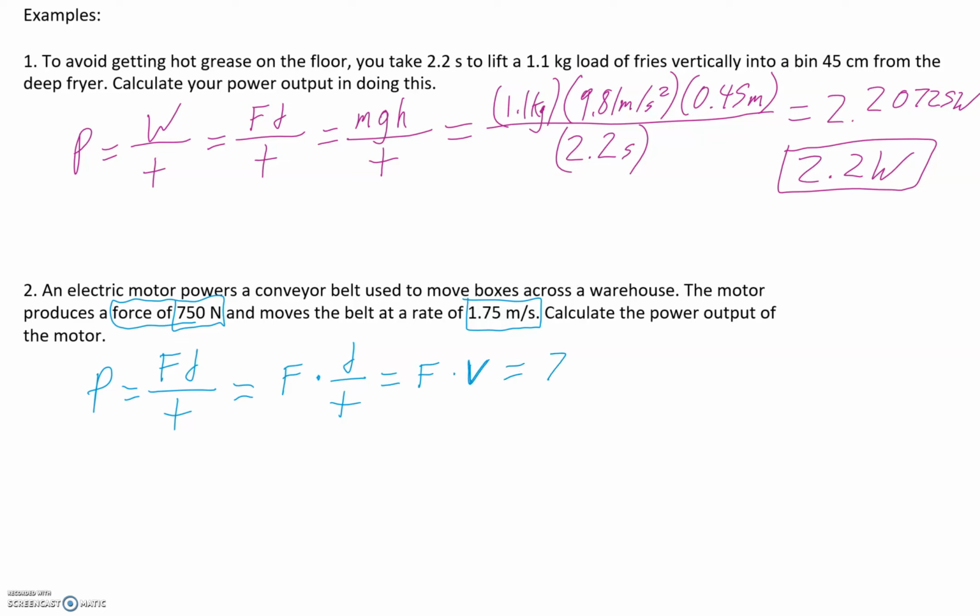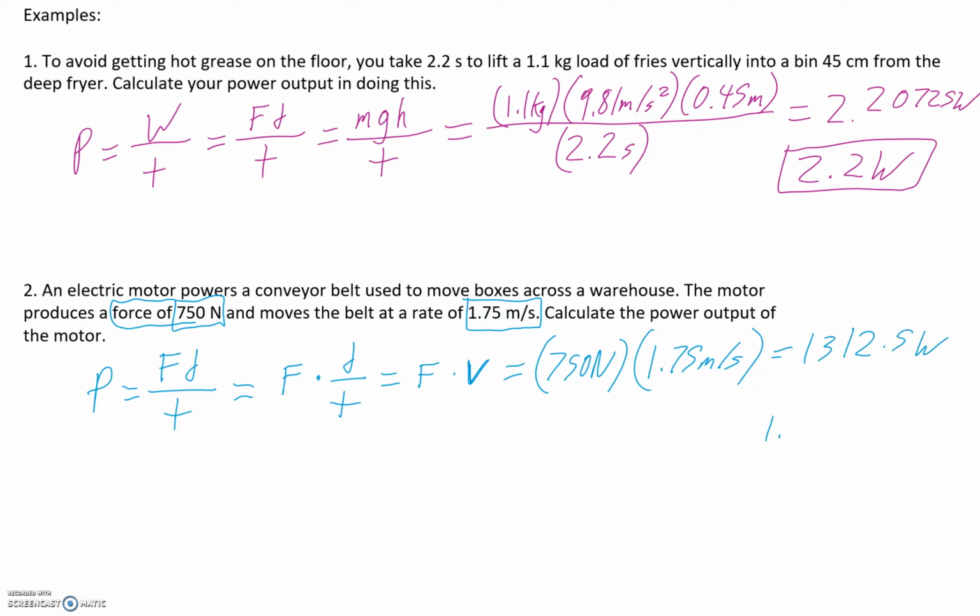So notice here that we can go 750 newtons, and then 1.75 meters per second, and we can straight up multiply these two together. So 750 times 1.75, and we get 1,312.5 watts.